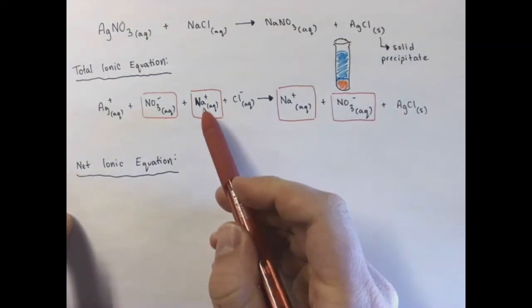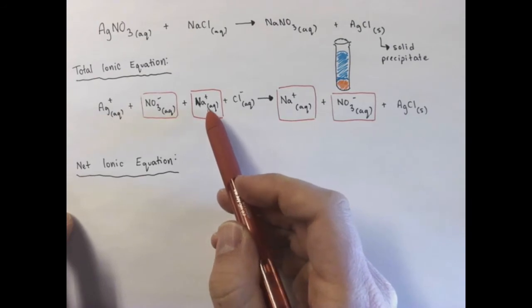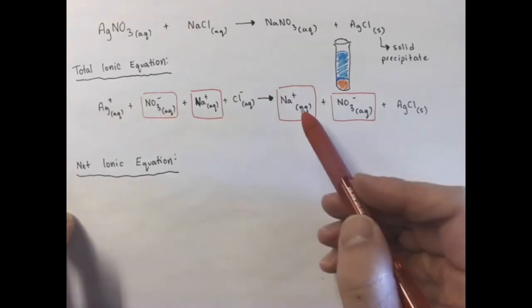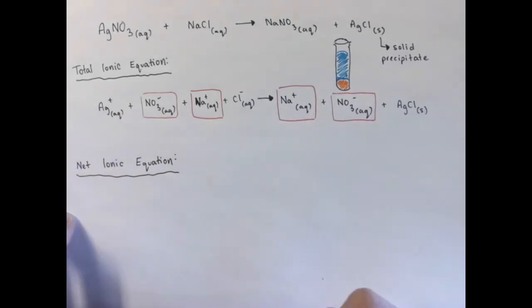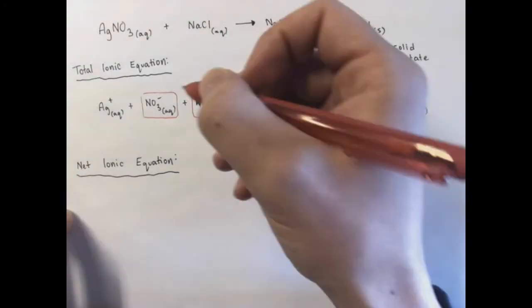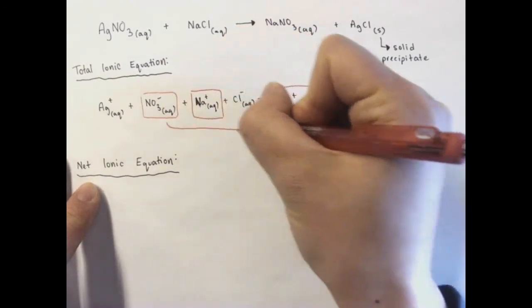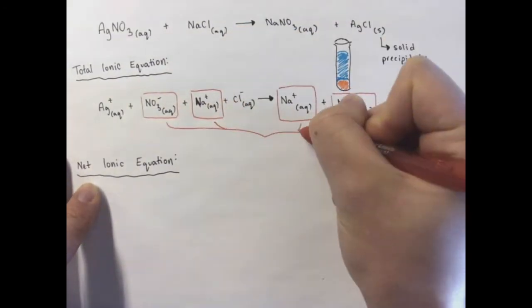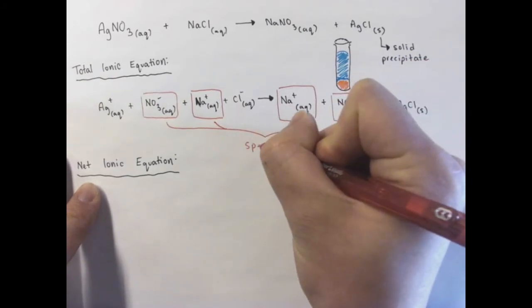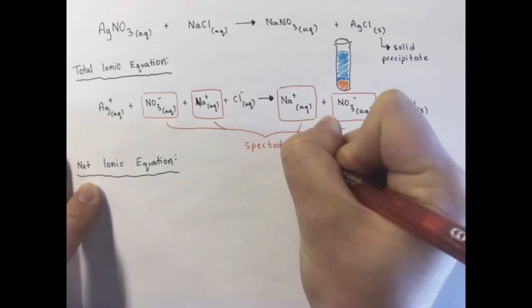Sodium ions are in the aqueous state on the reactant side, and they're in the product side, also in the aqueous state. Same thing with nitrate. So these entities that don't change, let's include sodium in there, we call these spectator ions.